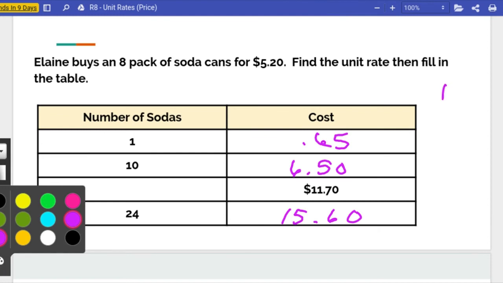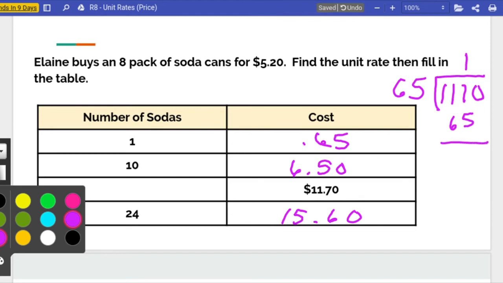So I'm going to have 1170 divided by 65. Or did I say 1170? Yeah, I did. So that's 1170. So I have that. So it looks like I can get 18 sodas for $11.70.